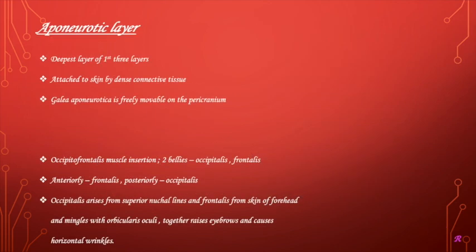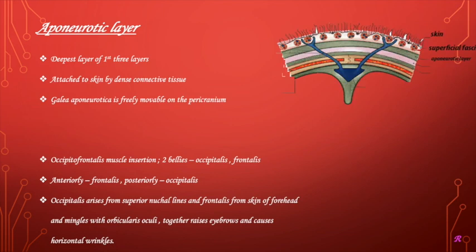Next is the third layer, that is the aponeurotic layer. Aponeurotic layer is the deepest of the first three layers. We told earlier that it is attached to the skin by the superficial fascia.